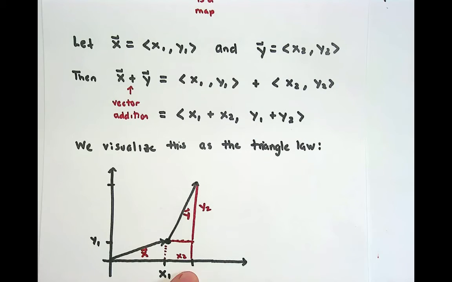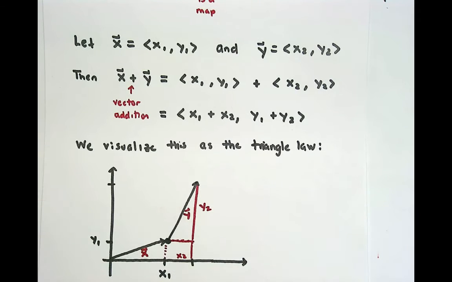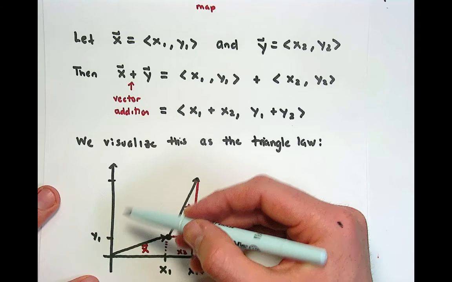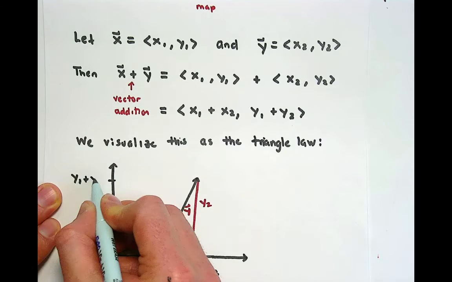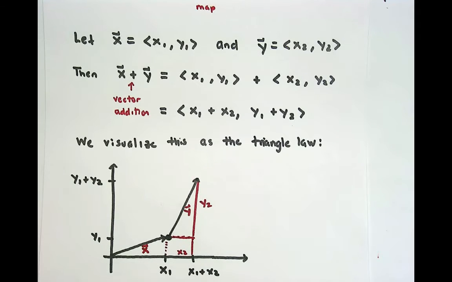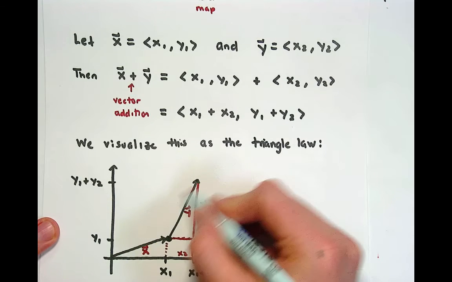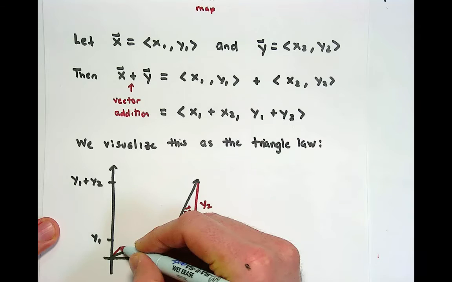So if you looked at this point along the axis, you would have x1 plus x2. And then the distance along here would be y1 plus y2. And then the sum is the vector that results from that.